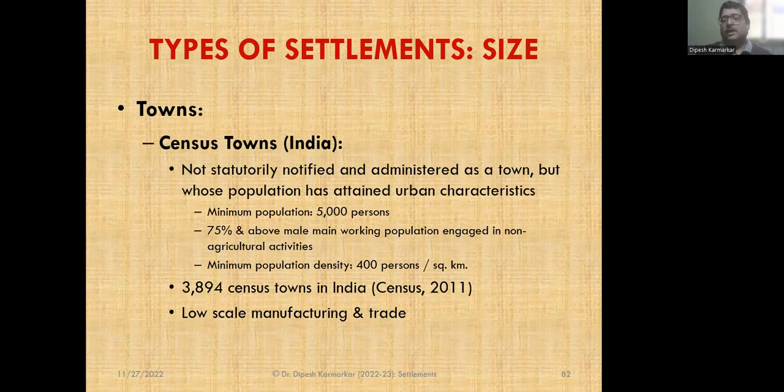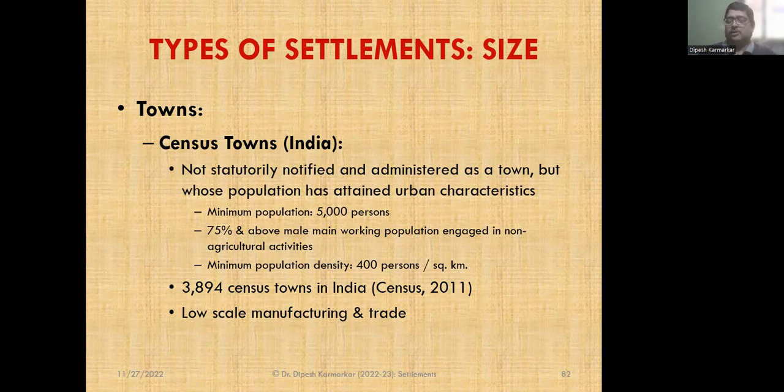For example, the minimum population of such a town should be 5,000 persons, or 75% or more of the male working population should be engaged in non-agricultural activities, or the minimum population density should be 400 persons per square kilometer.